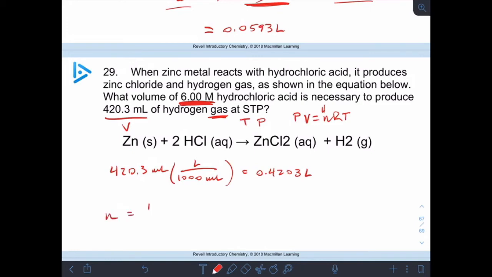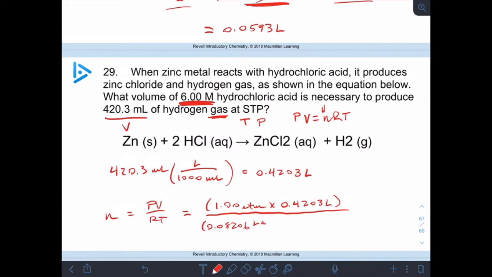So the number of moles equals PV over RT. So the number of moles is equal to 1 atmosphere times our volume, 0.4203 liters, divided by the gas constant, liters atmospheres over moles Kelvin, times 273 K.